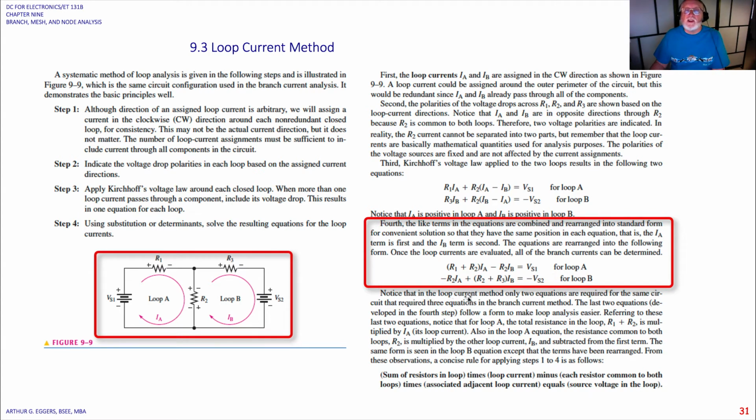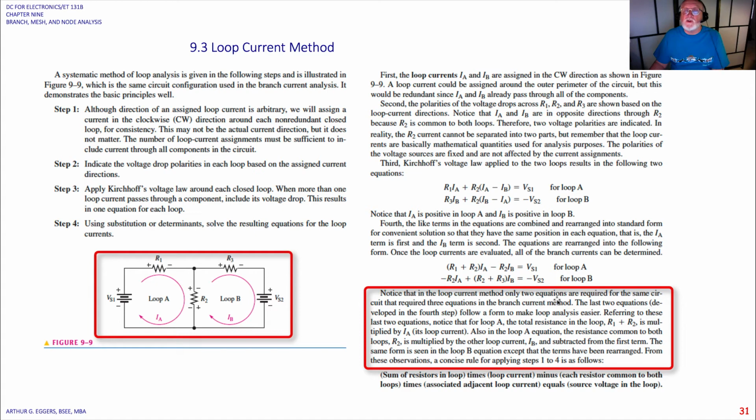Notice that in the loop current method, only two equations are required for the same circuit that required three equations in the branch current method. The last two equations developed in step 4 follow a form to make loop analysis easier. Referring to these last two equations, notice that for loop A, the total resistance in the loop is R1 plus R2 and is multiplied by current I sub A, its loop current.